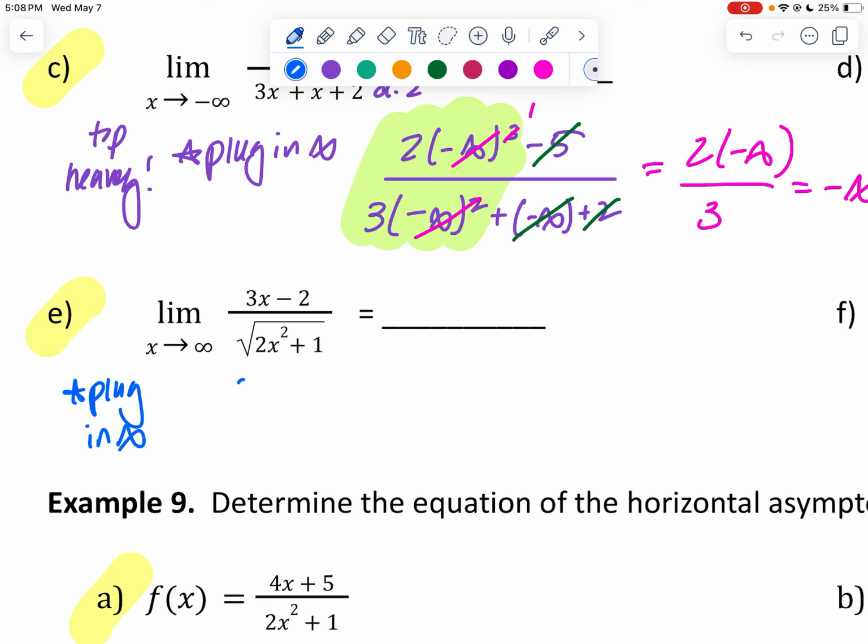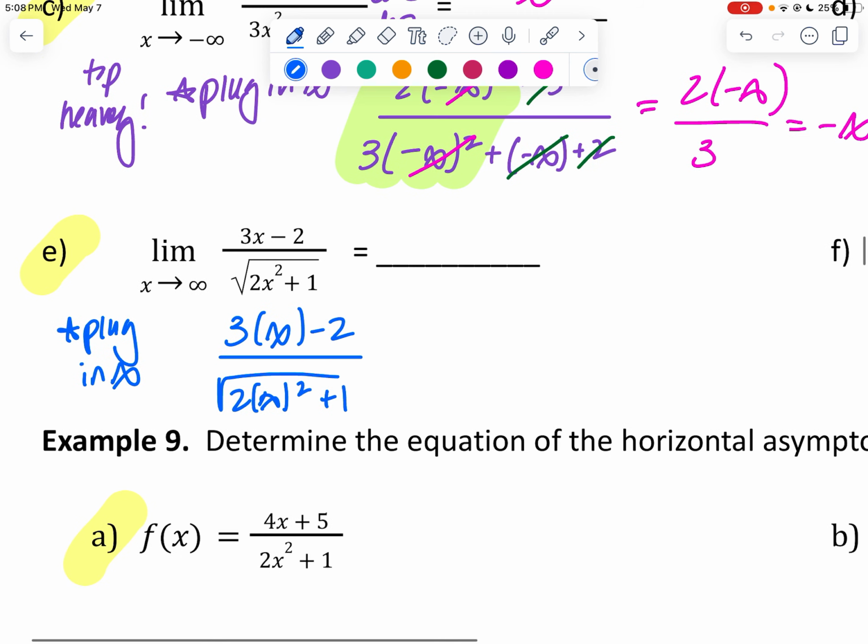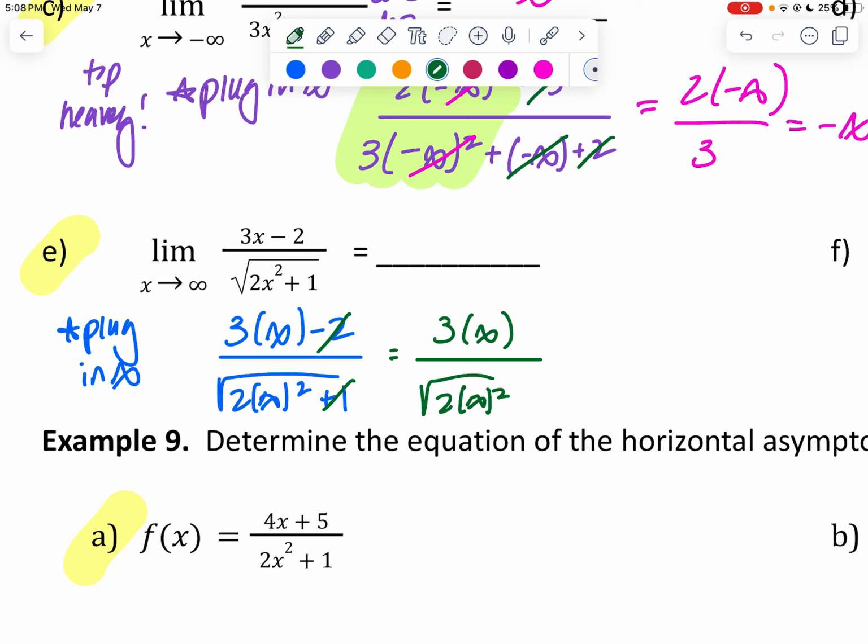So if I do so, I get 3 times infinity minus 2 all over radical 2 times infinity squared plus 1. Same as like before, the plus 1 and the minus 2 don't really matter. So then I'm just looking at 3 times infinity all over radical 2 times infinity squared.